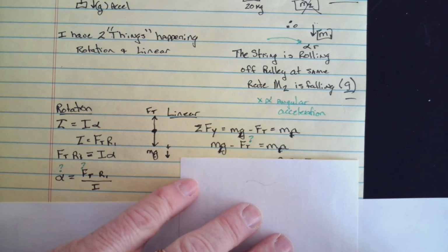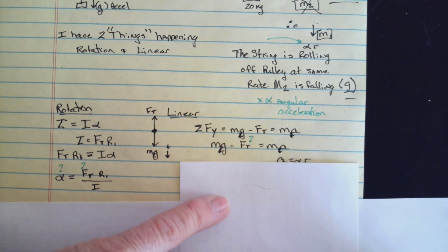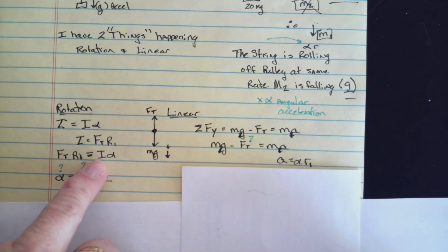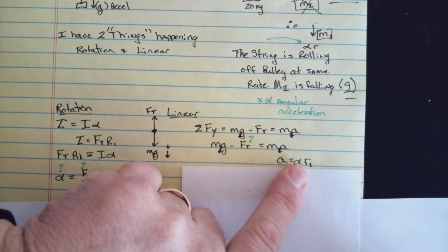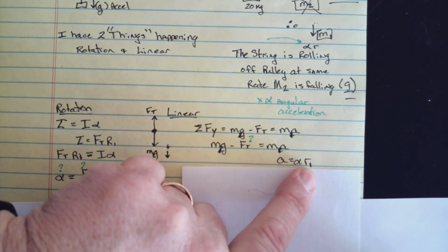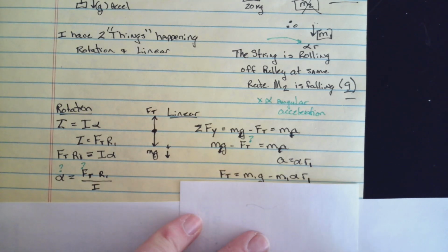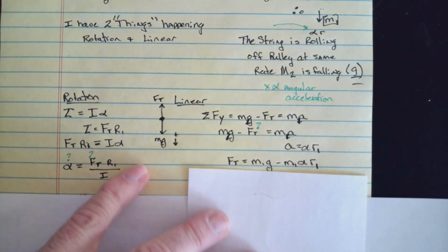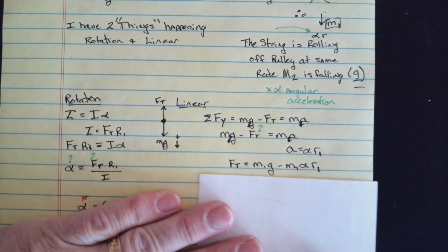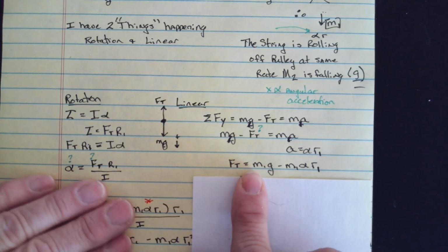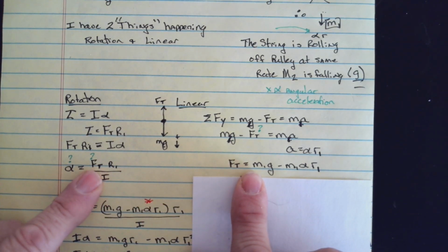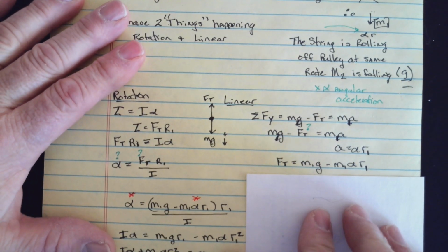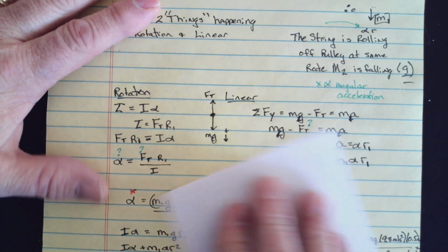Simplifying it, this is what I'm solving for, but I also know this acceleration is really what we're looking for over here. So I have my angular acceleration times the radius, substitute that in, and continue down. Now I have this force that I can substitute back in over here, and now it's just an algebra nightmare to solve the rest of the problem.